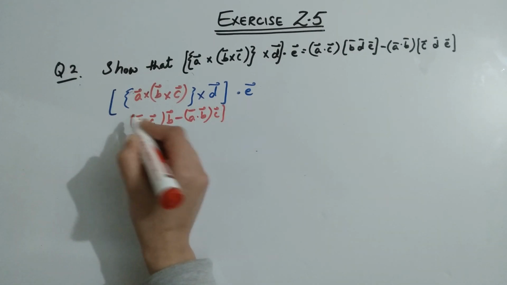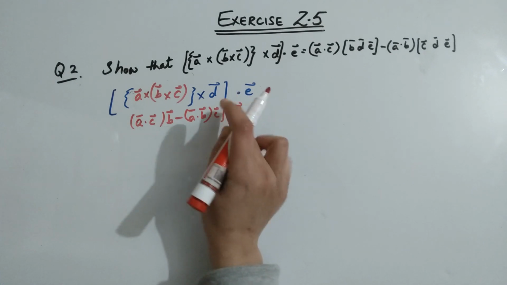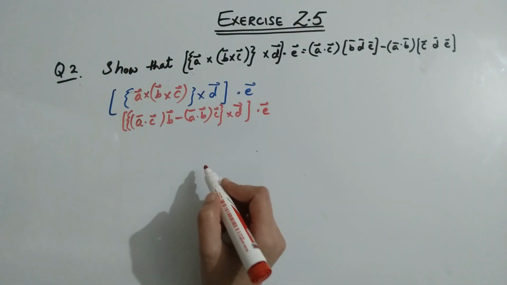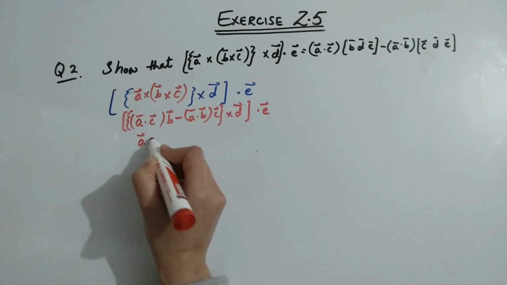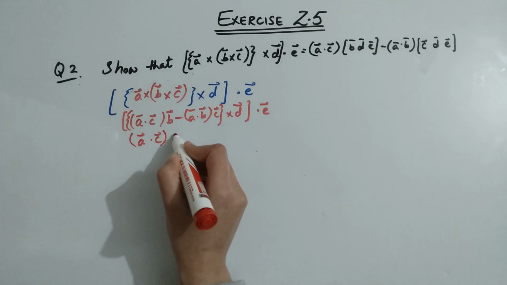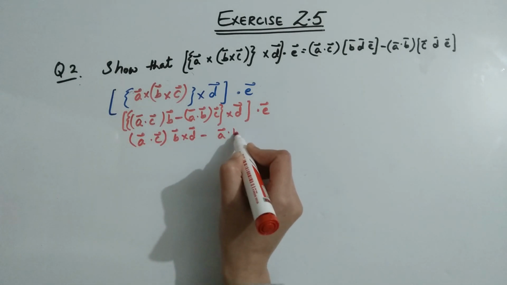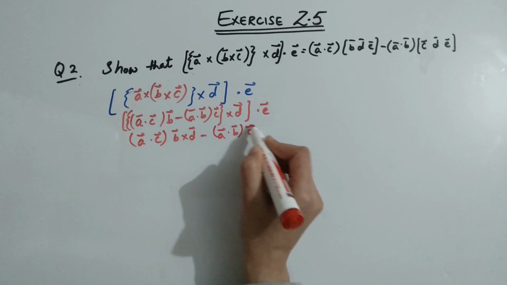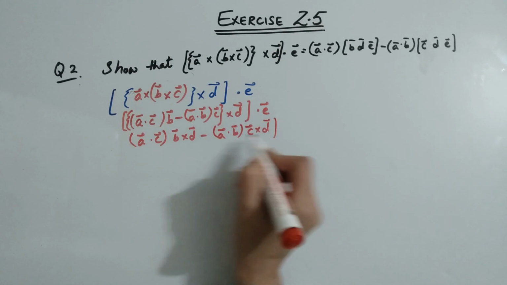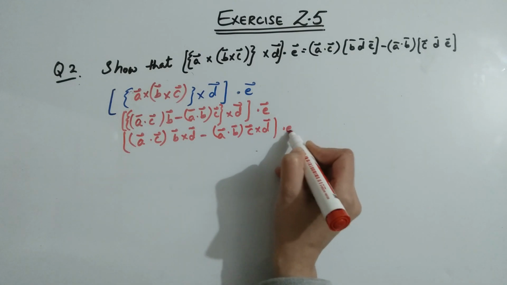This will take cross with d. Now opening the bracket, it will be (a dot c) times (b cross d) minus (a dot b) times (c cross d), and this will take the dot product with e.